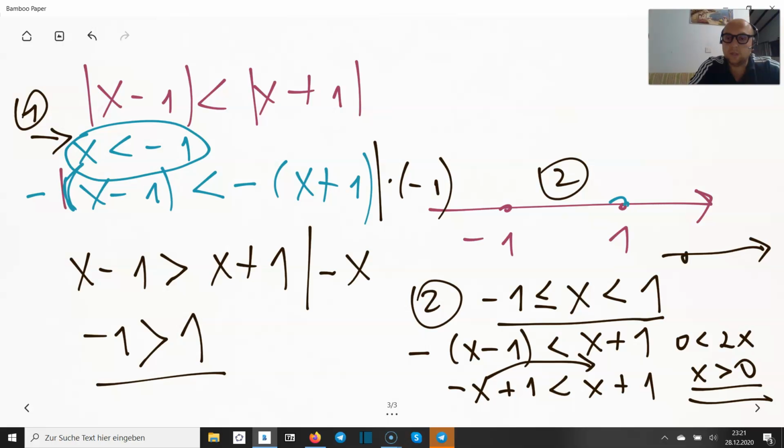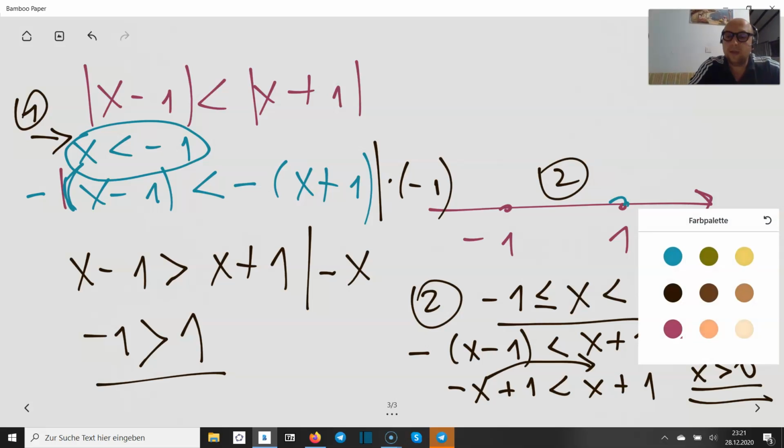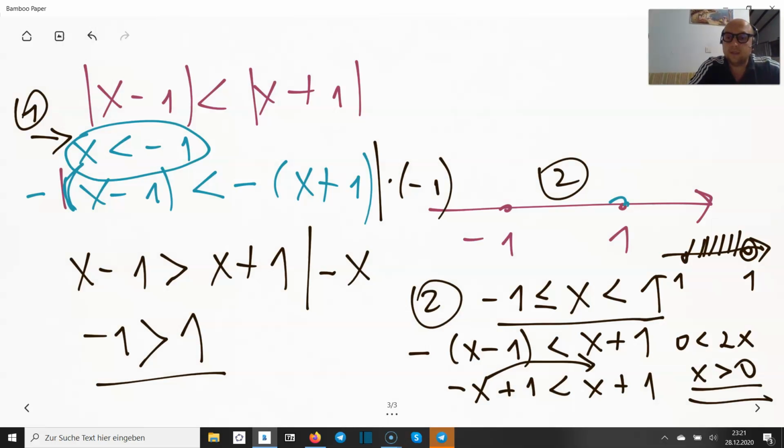So minus 1 was included, 1 is excluded. And we are having x is strictly bigger than 0. So that means we got solution from 0, which is not included, up to 1, which is excluded as well.